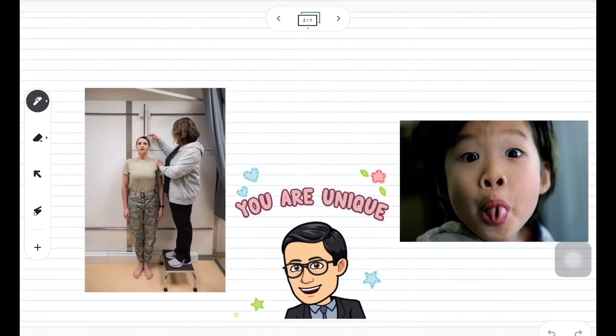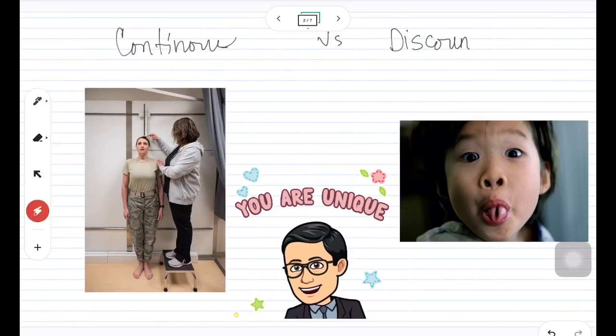Now, variation can be continuous and discontinuous. So continuous versus discontinuous variation.